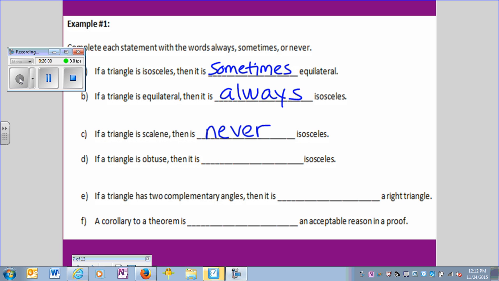Letter D. If a triangle is obtuse, then it is always, sometimes, or never isosceles. Jennifer, what do you think? Never? I can draw you an obtuse isosceles triangle.